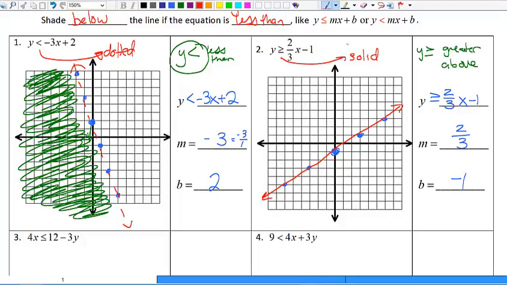The way I remember that is that line underneath it is the decider, right? If there's a line underneath, then that's like your solid line. If there's no line underneath, that means it's a broken or a dashed line. That's just something that I use to remember. And then I've already decided that because y is greater, I'm going to be shading above.